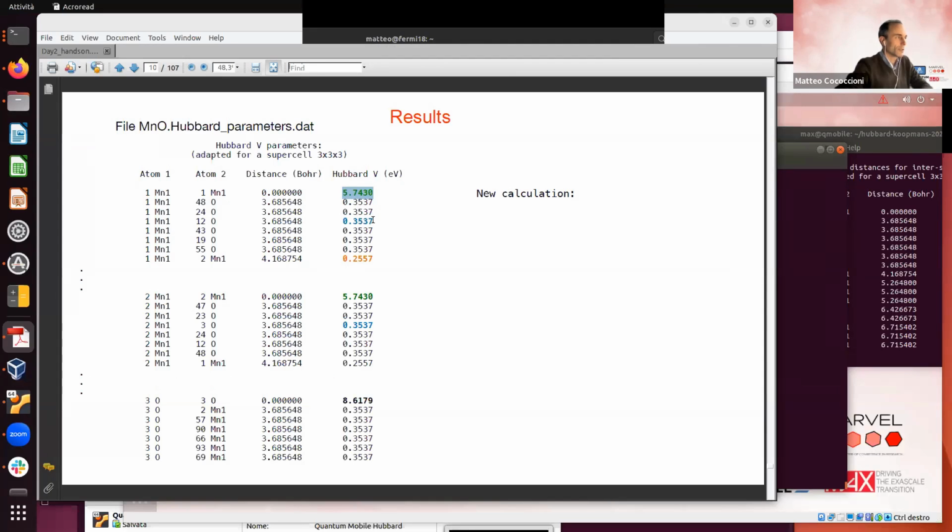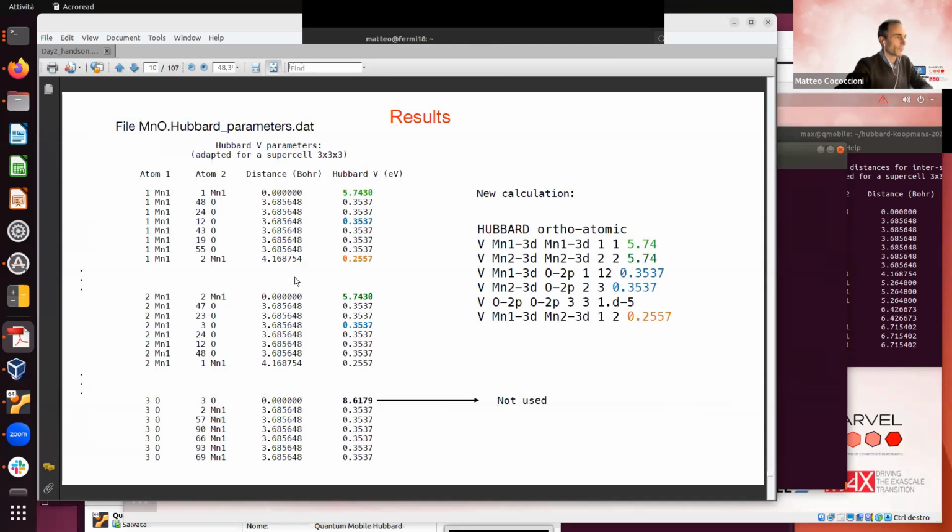So you see, again, 6 neighbors all having the same V, and the same thing for the second manganese, that is the same as the first, except for reversing the spin. And then you get also the same thing for oxygen, because you need to perturb oxygen now, because you want the V between manganese and oxygen, okay? So the code will perturb oxygen. And of course, the V between oxygen and manganese is the same as between manganese and oxygen. That's a nice check of consistency.